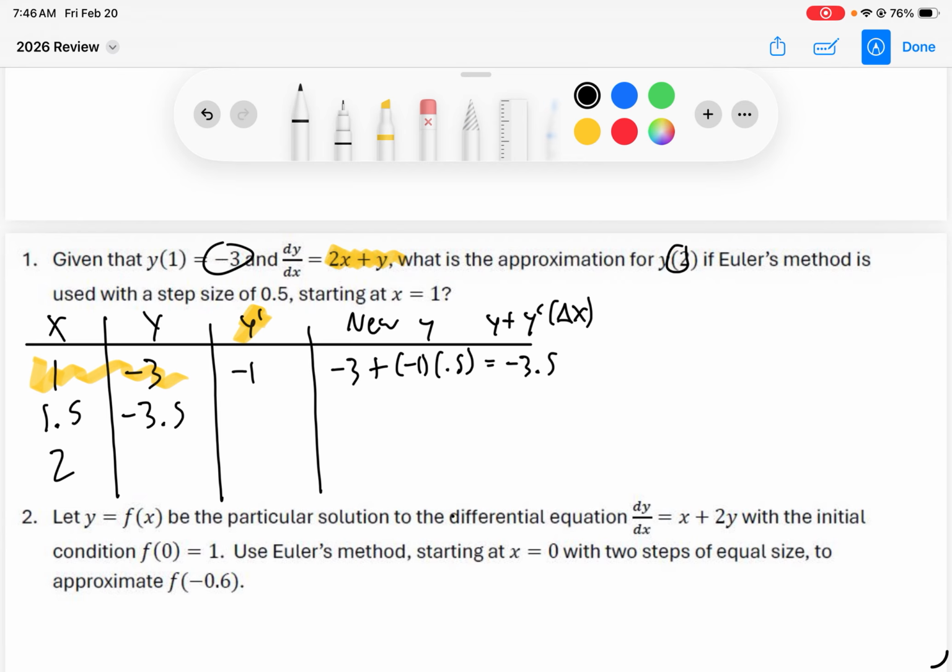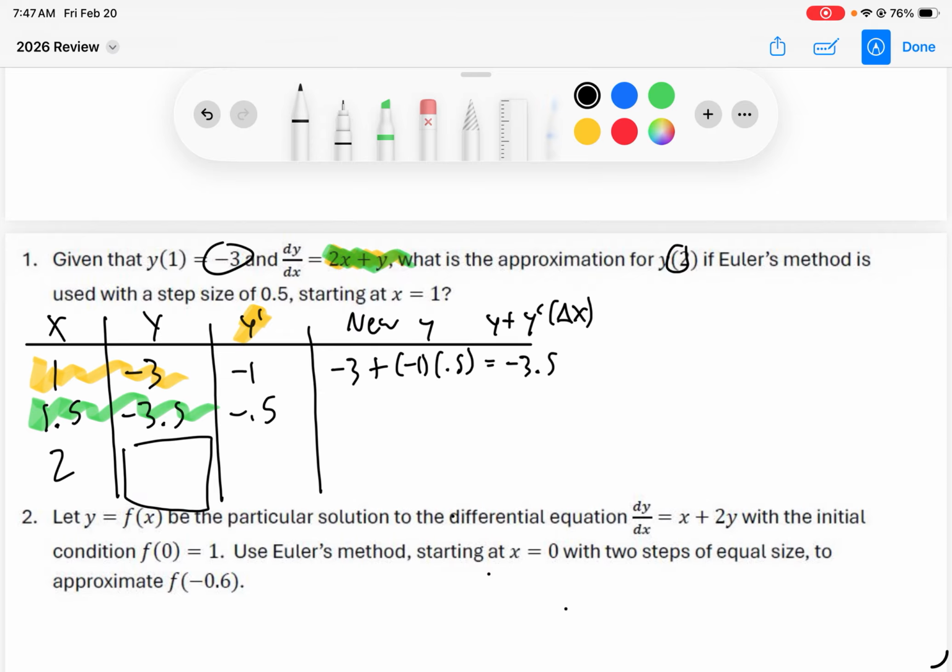That's an approximation. But I want to find this number right here. So I got to do one more step. To find y prime, I take this x and y, and I plug it into the derivative to find me the slope there. So 2 times x, 2 times 1.5 is 3. And then 3 minus 3.5 is -0.5.